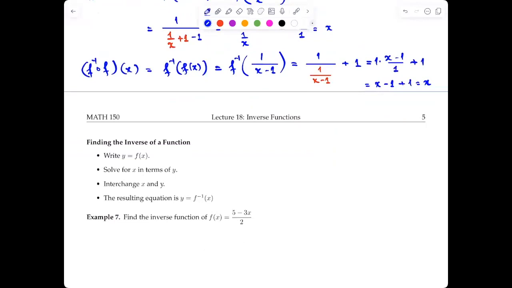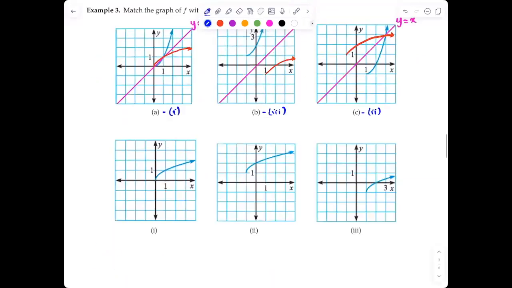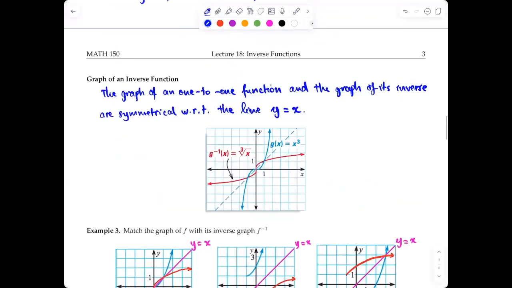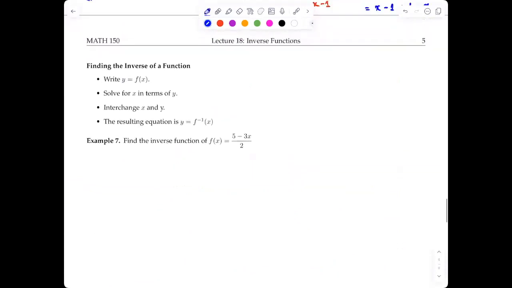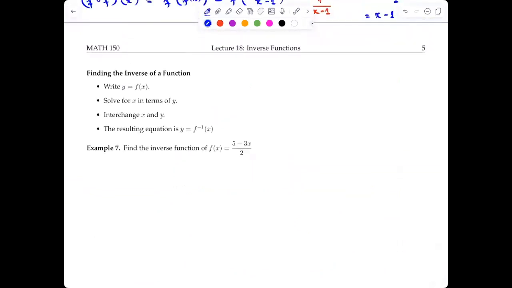The second step is to solve for x in terms of y. And then we just interchange x and y. We can do that because the one-to-one function and its inverse are symmetrical with respect to the line y equal to x. So just interchange x and y, and the resulting equation is the inverse function that you're looking for. You good? All right.